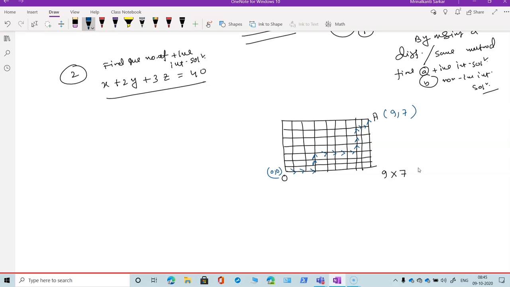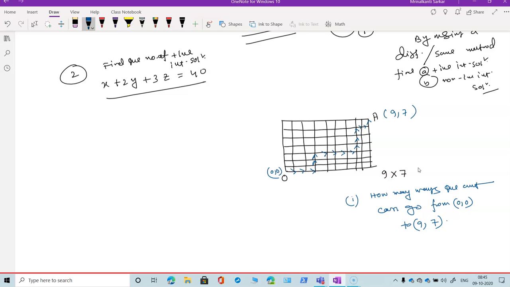How many ways? Question number 1. How many ways the ant can go from 0, 0 to 9, 7?